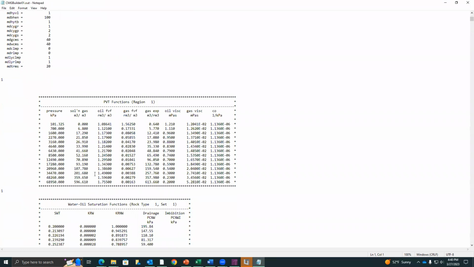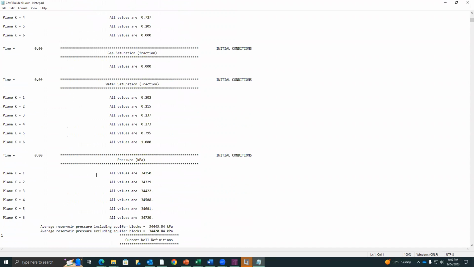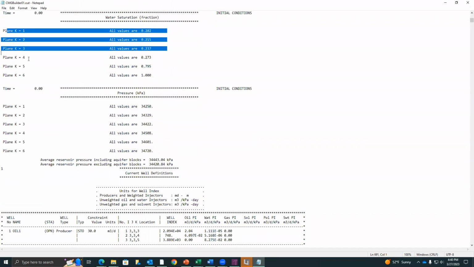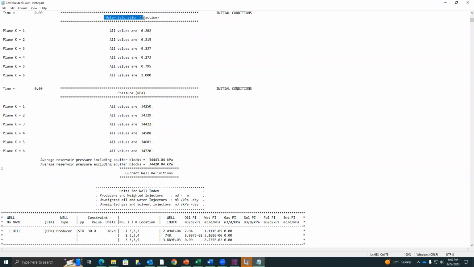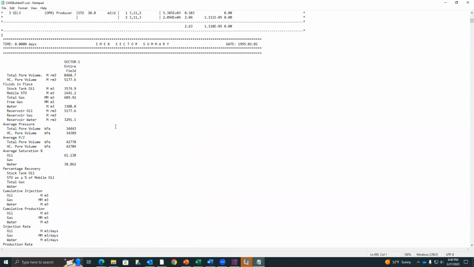And I just want us to go down to the summary section. So this is the water saturation fraction being generated for each layer, and the pressure as well, because we chose those values or those components. Now this is what I want us to pay more attention to.